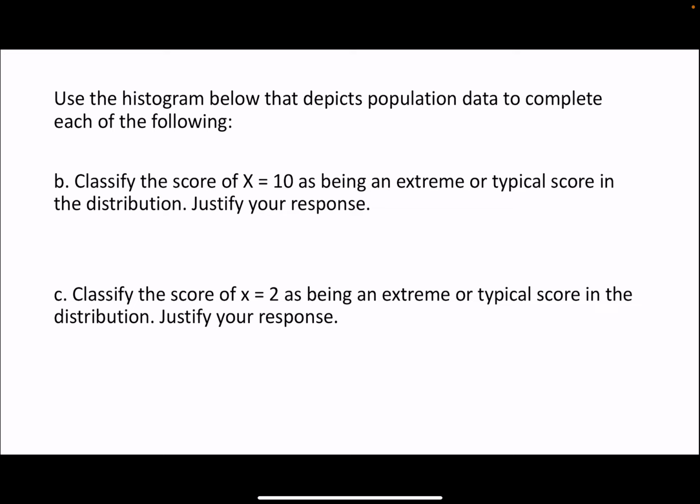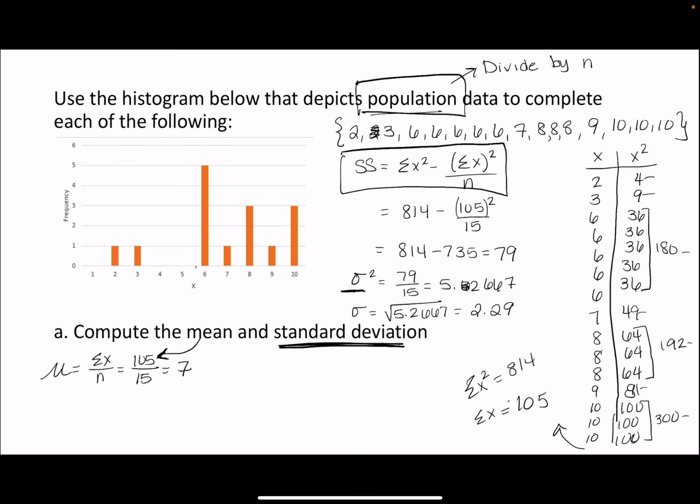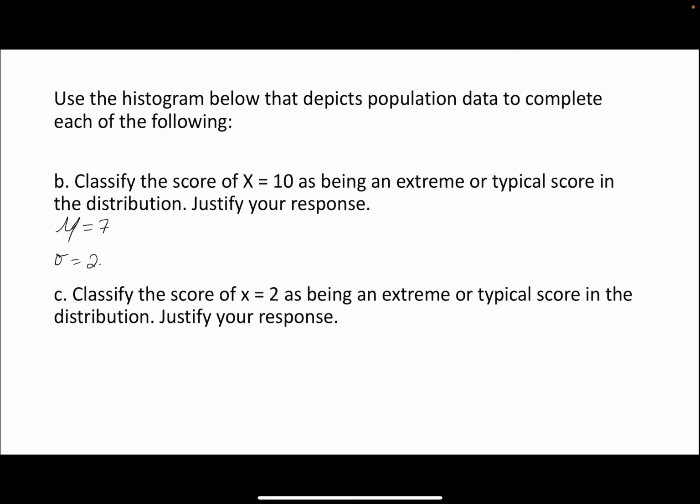So if you remember, our mean was 7, and our standard deviation was 2.29. So what we're going to do is find the z-score. So remember, the z-score is the score minus the mean divided by the standard deviation. So this would be 10 minus 7 over 2.29.